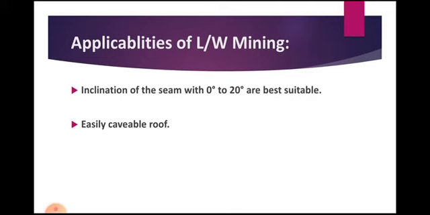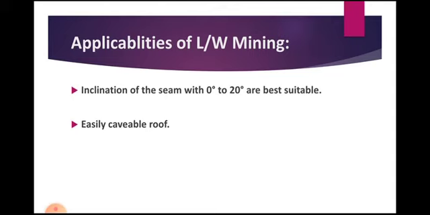In order to mine the coal using this longwall mining method with caving, we should definitely assure the characteristics of the strata or roof overlying the seam. The strata overlying the seam should be easily cavable soon after the advancement of the face.